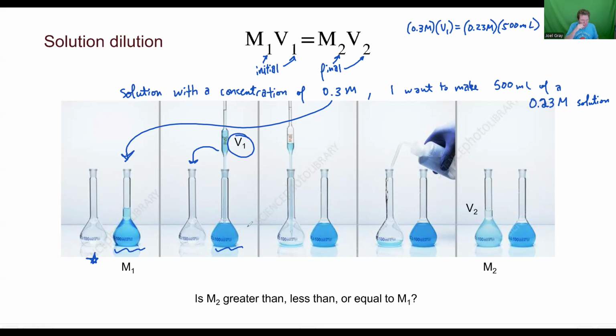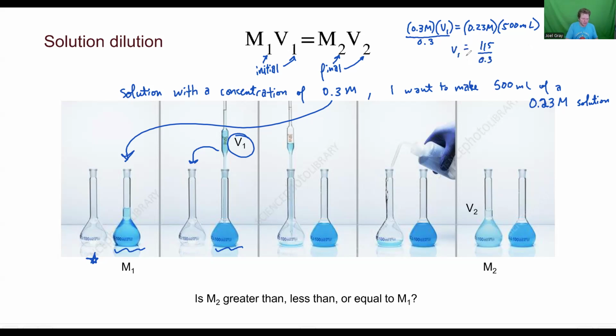So this gives us a way to calculate by saying, all right, 0.23 times 500. 0.23 times 500 is 115. And we don't need to worry too much about that number because it's a very temporary number. Because what we're going to do is divide each side by 0.3, and that will give us our V1.